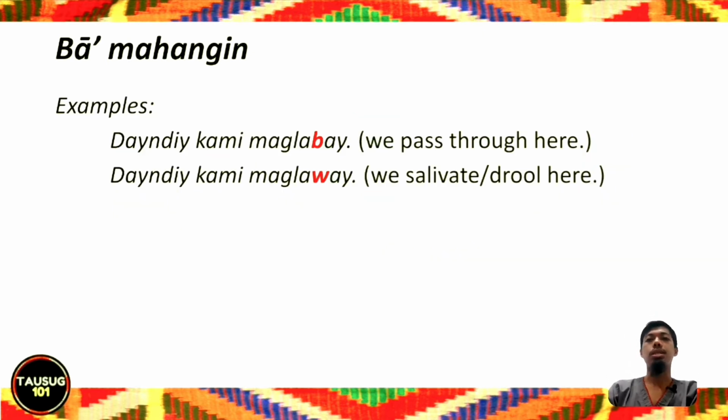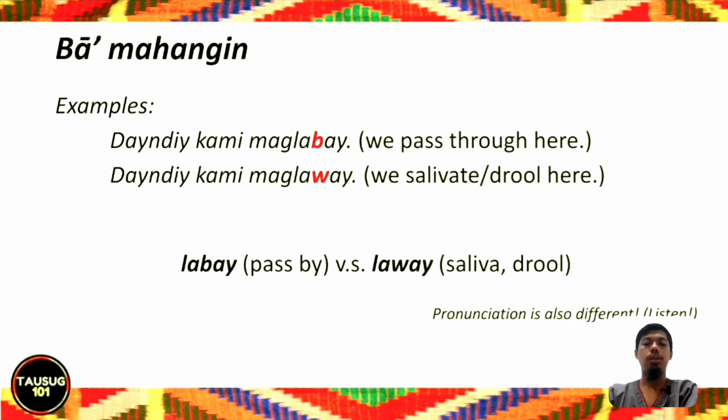We have two sentences here which are similar, but we just changed the letter Ba to W. In the first example, we have "Da hindi kami maglabay." We pass through here. In the second example, we have "Da hindi kami maglaway." Laway means salivate or drool. So it's very different. So try to avoid it, okay?